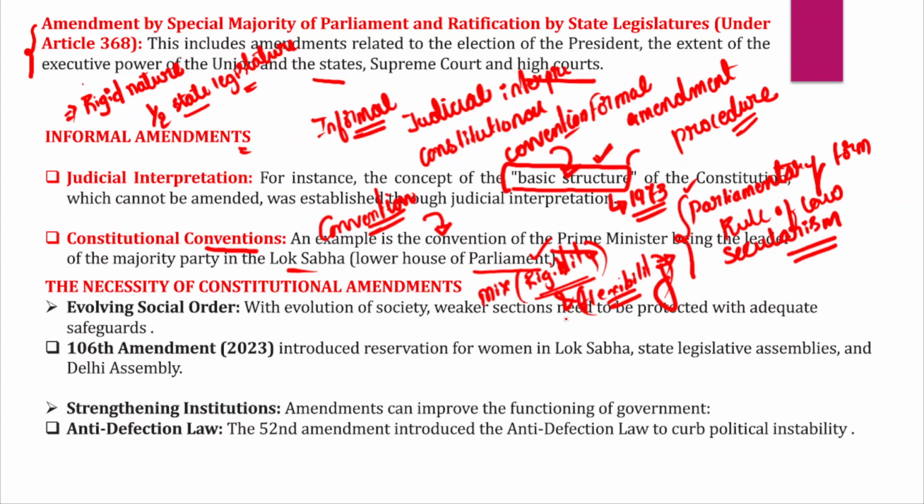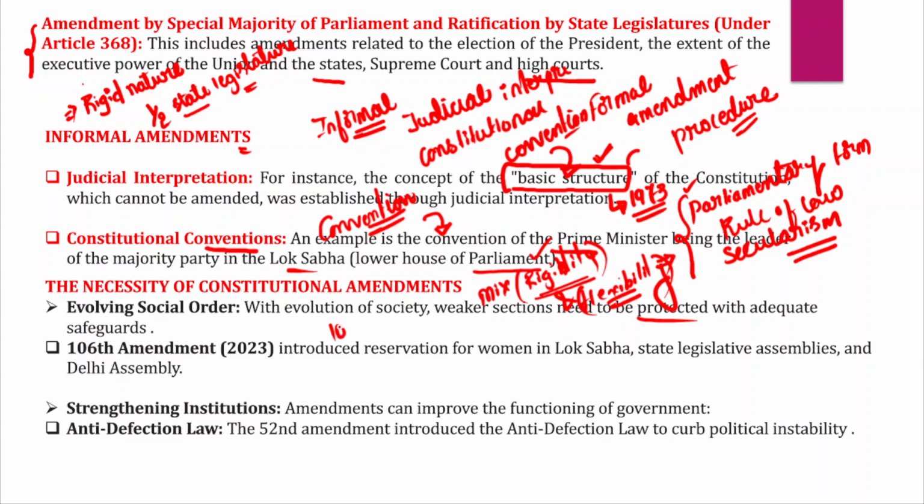Indian society is also considered a dynamic and evolving society. So in this dynamic and evolving society, weaker sections have to be protected with adequate safeguards, and not just the weaker sections, but also new needs that are emerging.